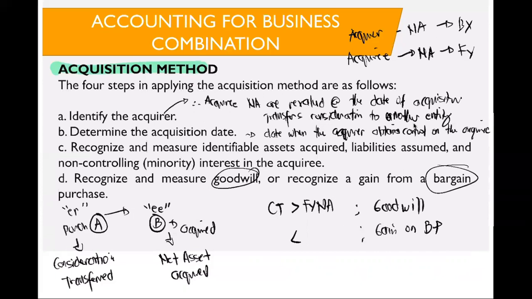Okay? So again, in acquisition, the acquirer will give consideration to the acquiree. The consideration transferred by the acquirer to the acquiree is known as consideration transferred. And whatever is purchased by the acquirer from the acquiree is known as net asset acquired.